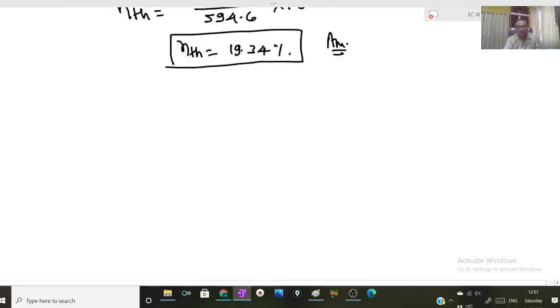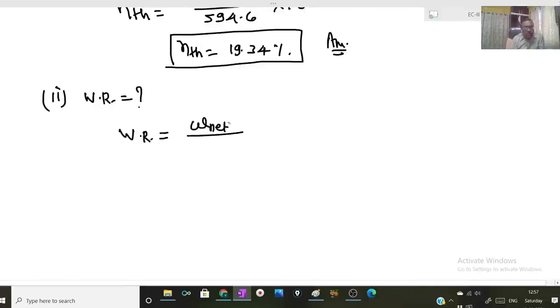Then next one is work ratio. So as per definition, work ratio is the ratio of net work output to the turbine output. Net work output we are getting from LPT, and total turbine work output will be summation of WHPT plus WLPT.